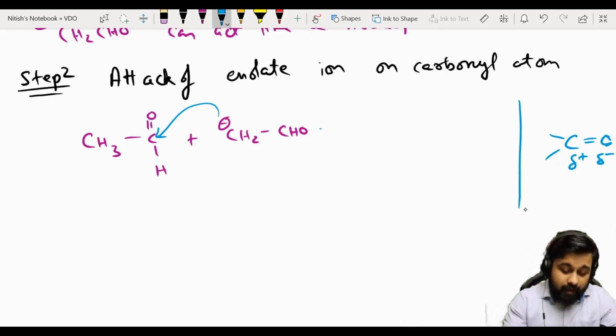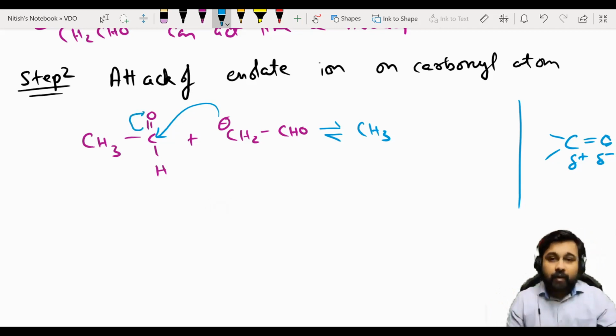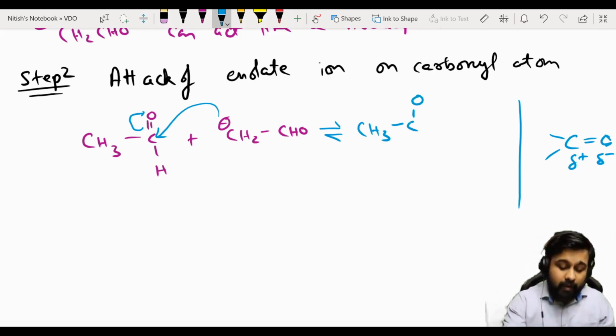When it attacks, first it forms an alkoxide ion. Whenever any nucleophile attacks a carbonyl, the double bond or pi bond electrons go back to oxygen, because the maximum number of bonds formed by carbon at any point is 4. So the oxygen becomes negative. It will be CH3CH(O negative)CH2CHO like this.